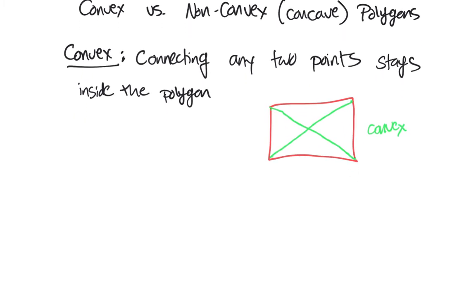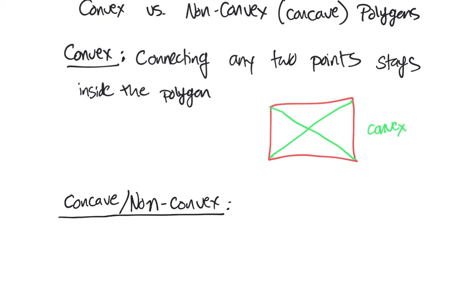Now, the other portion of it, concave or non-convex, hopefully you can figure out what that means. Just base it off of the working definition. Concave or non-convex implies that connecting a line segment goes outside the figure.